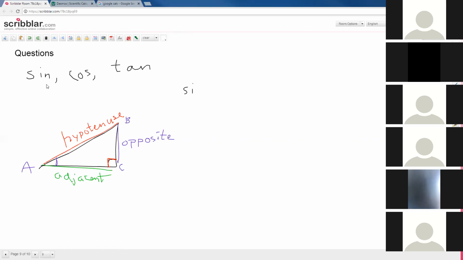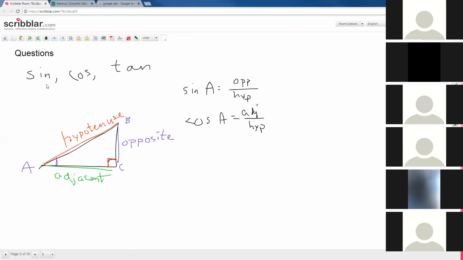So sine of an angle is always the formula opposite over hypotenuse. Cosine of an angle is always given by the formula adjacent over hypotenuse.